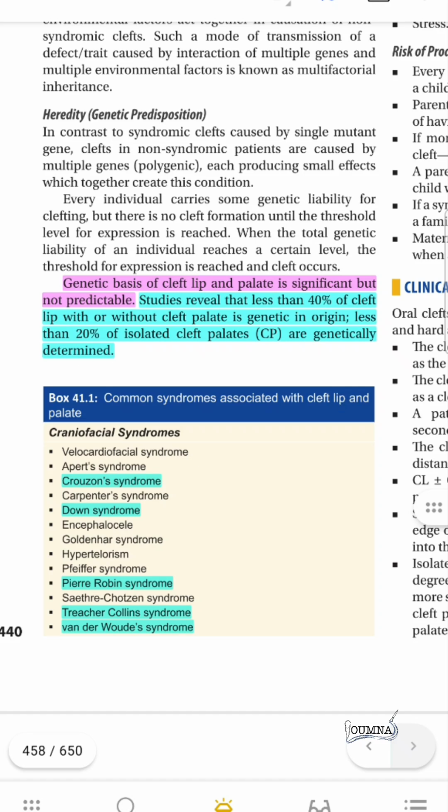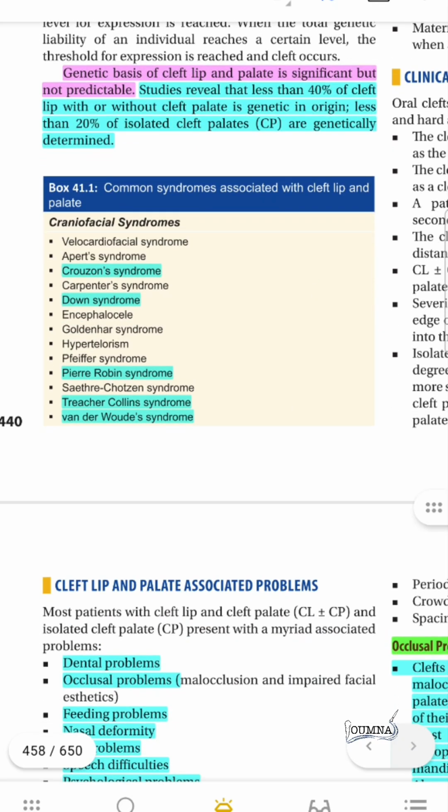That means that genetics has more effect on the type of cleft associated with the lip and palate. The syndromes that are associated with these clefts are the Crouzon syndrome, Down syndrome, Pierre-Robin syndrome, Treacher-Collins syndrome, and Van der Woude syndrome.